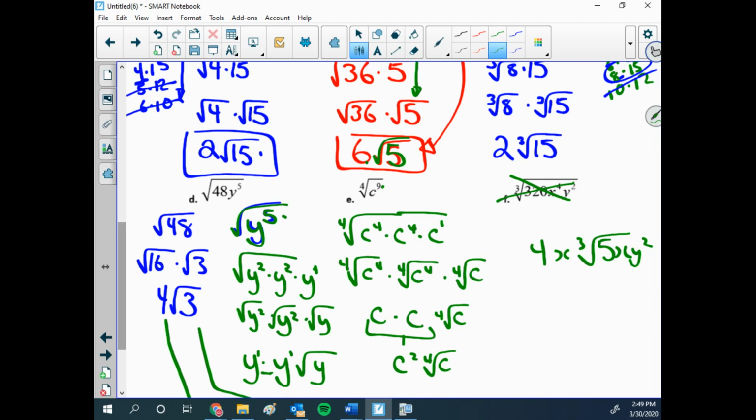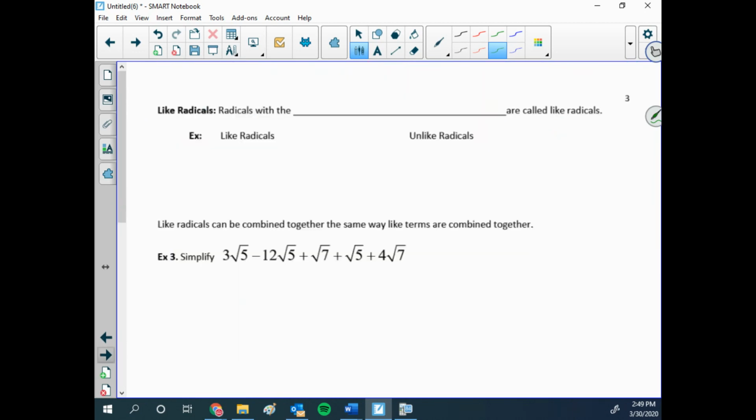Okay, last part we'll do quickly. A little bit of an extension, maybe you looked at this, kind of depending on who your teacher was, is the difference between like and unlike radicals. Kind of similar to like and unlike polynomials in a way. So radicals with the same index and the same radicand are considered like radicals.